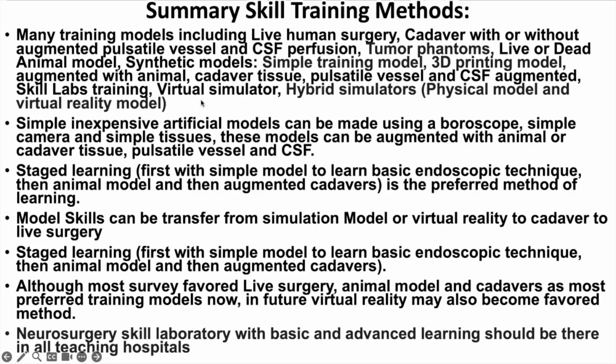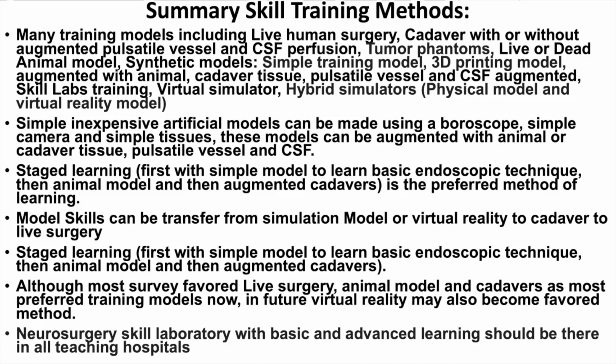Summary of skill training methods. Various training models, including live human surgery, cadaver with or without augmented pulsatile vessel and CSF perfusion, tumor phantoms, live or dead animal models, synthetic models, which can be simple models or 3D printing models which are accurate for the patient specific.